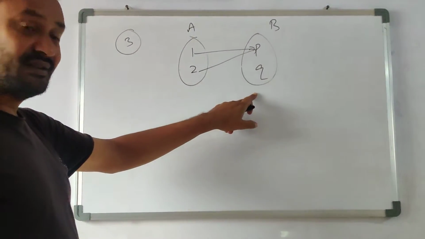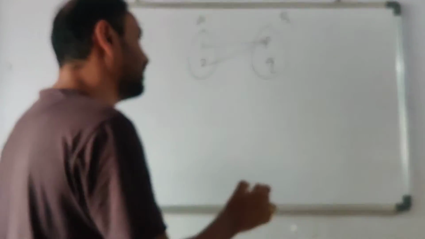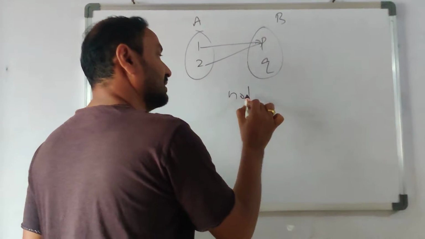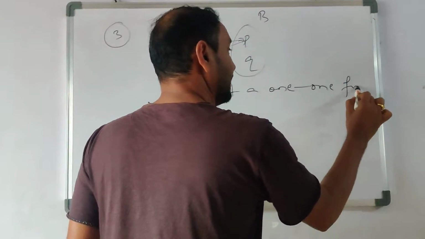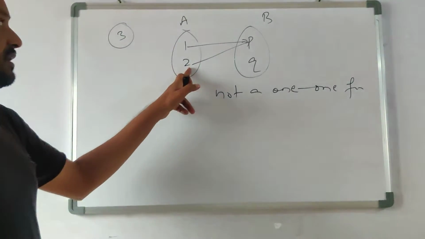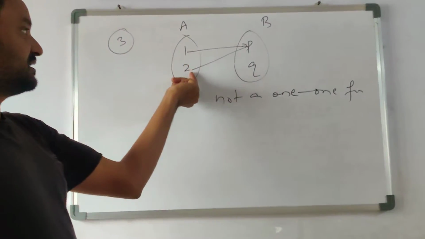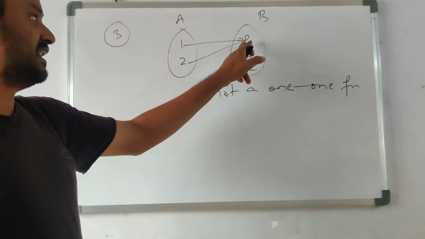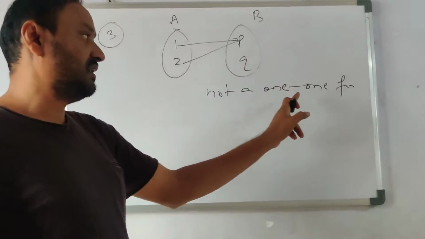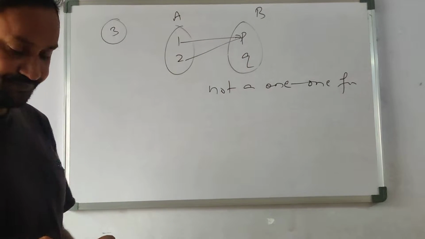It is a function, but 1 and 2 have the same image, so it is not a one-one function, because according to the definition of one-one function, different elements of A have different images in B. Here 1 and 2 have the same image. That's why it is not one-one. So we may say here many-one function.